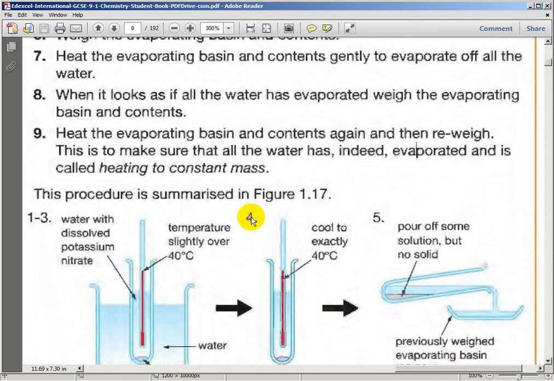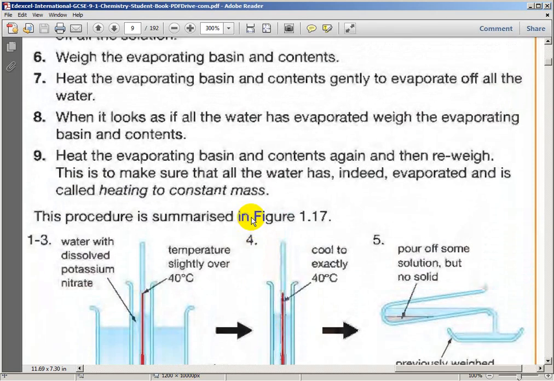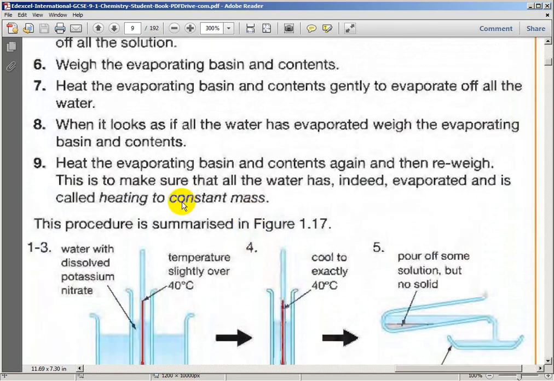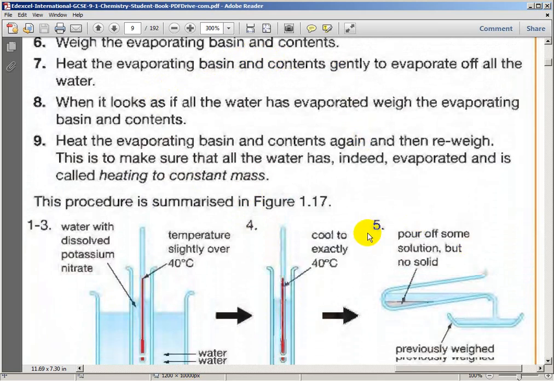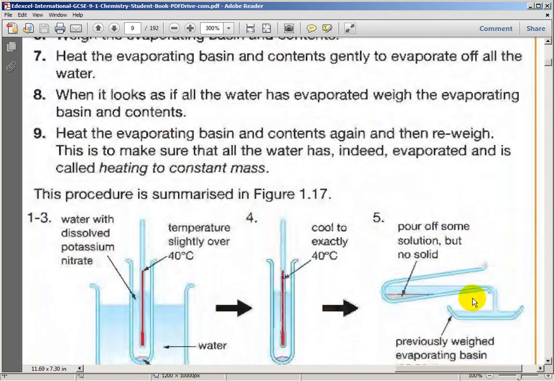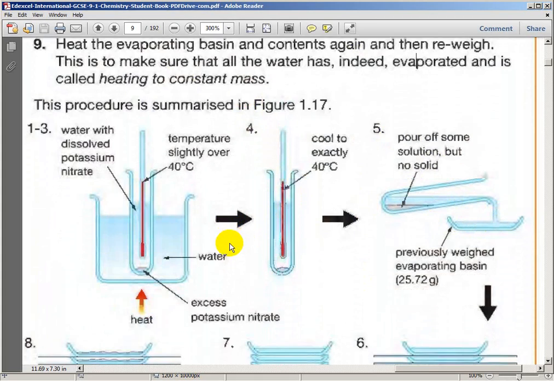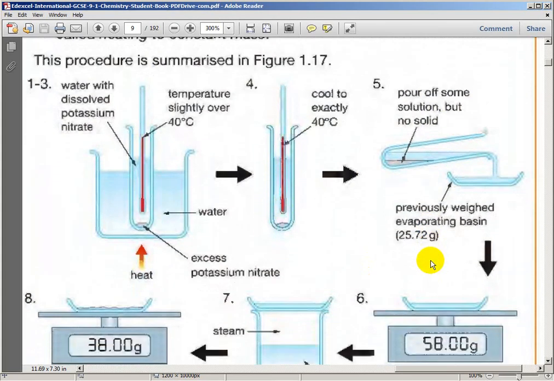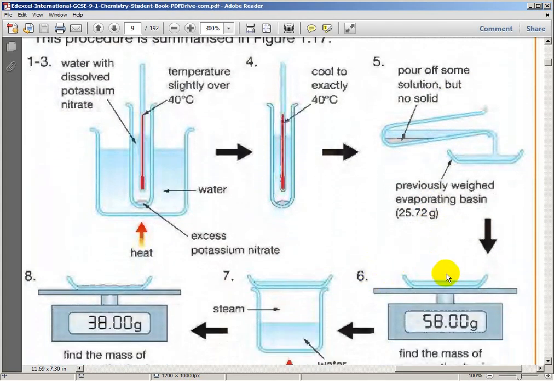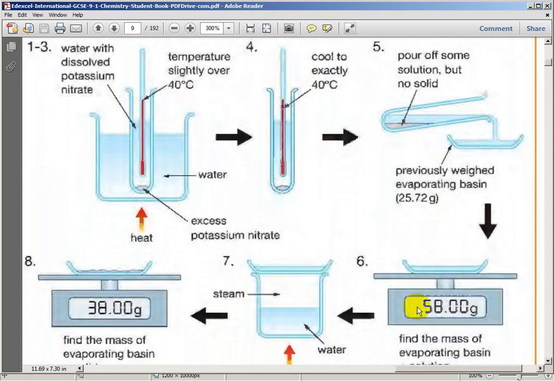And step 6 is to weigh the evaporating basin and contents. Now you weigh the evaporating basin with the liquid contents. Look here, step 5. This becomes like 58 grams.